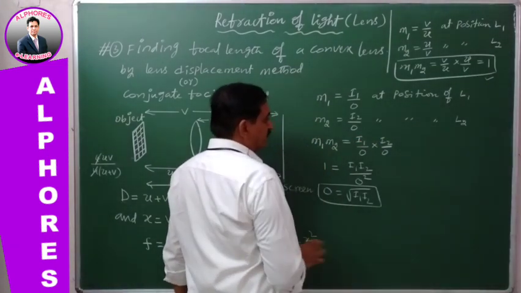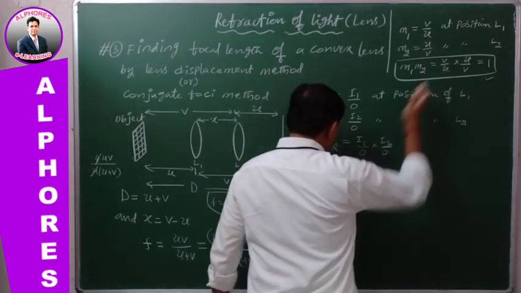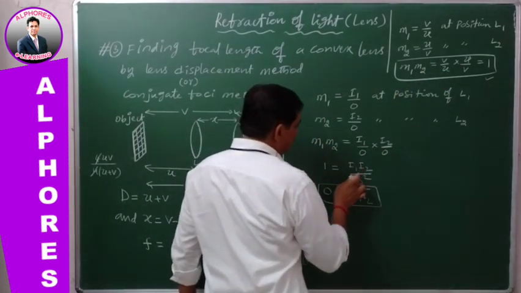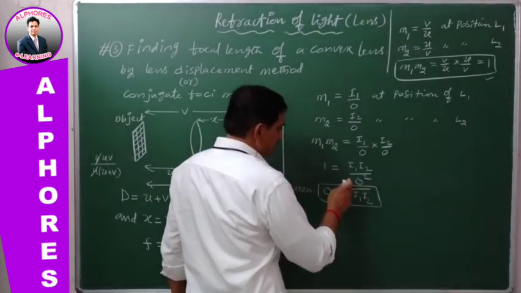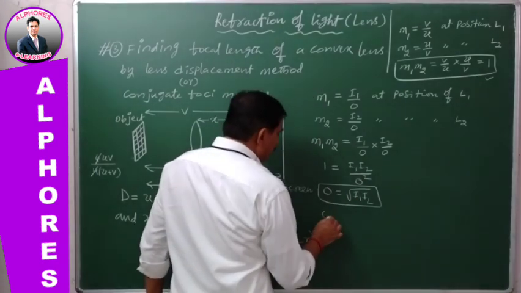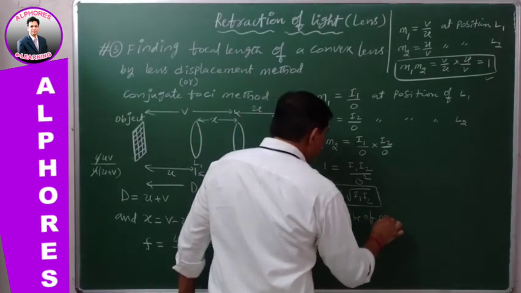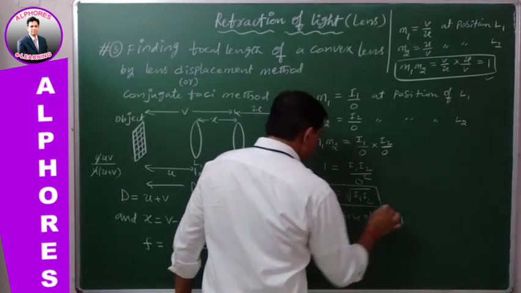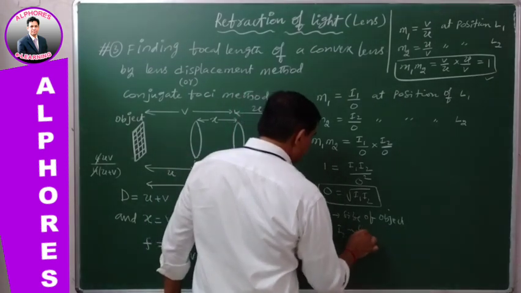Now M1 into M2 is already proved to be 1, which equals I1 I2 by O square. So O is equal to root over I1 I2. Here O means the size of the object, and I1, I2 are the sizes of the images.